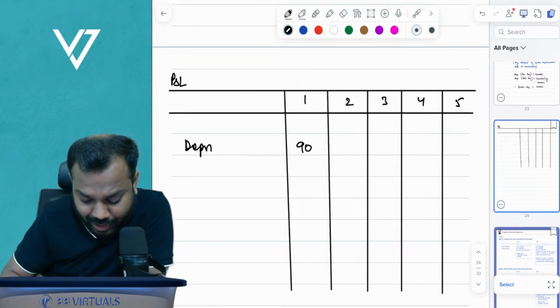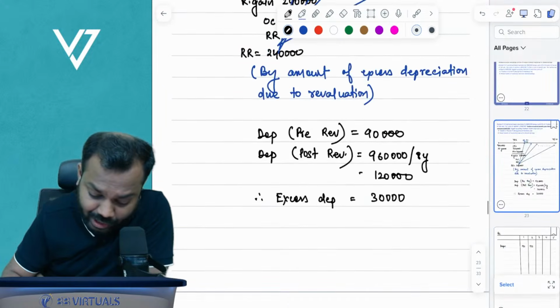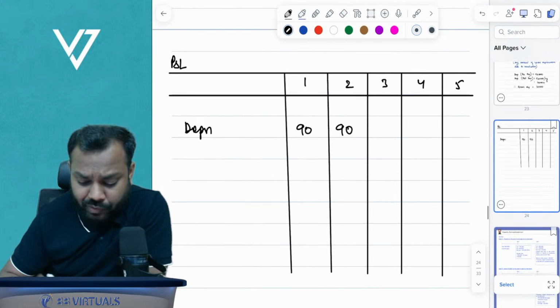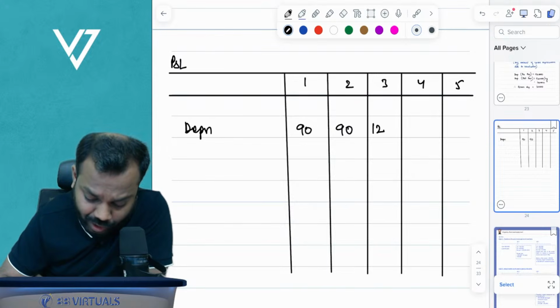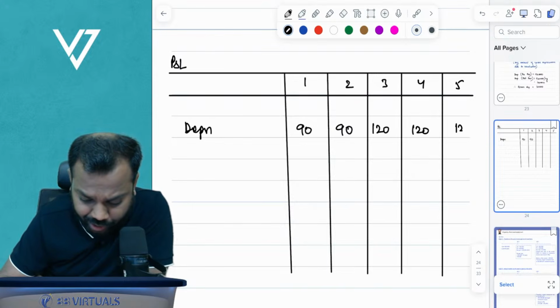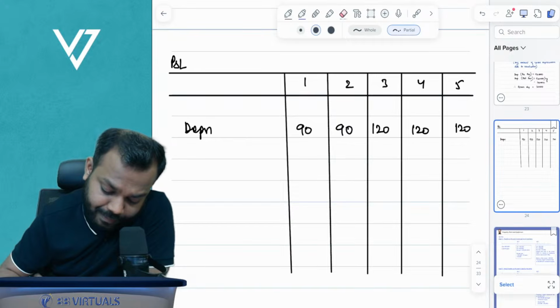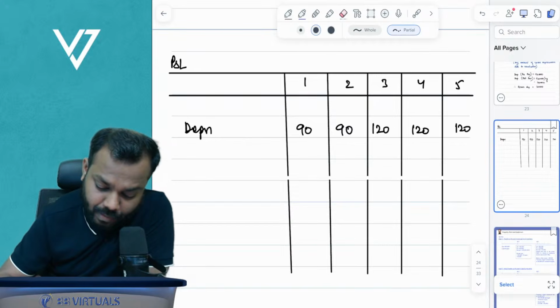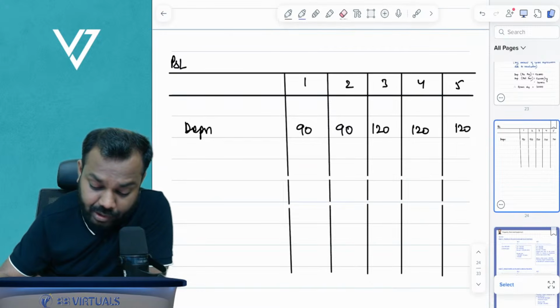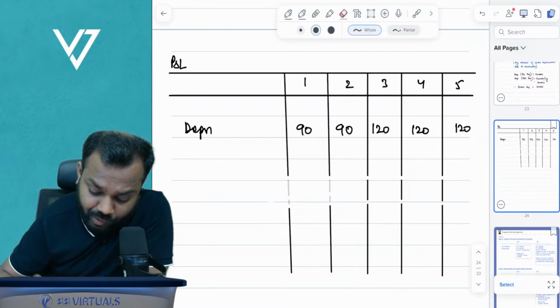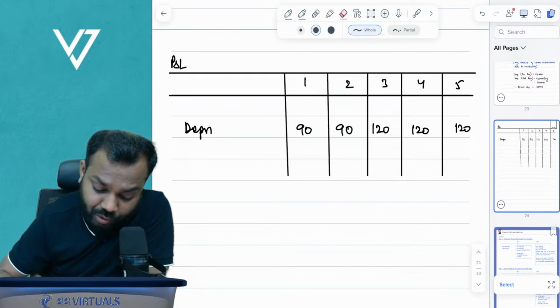Initially we used to record 90,000 for year 1 and year 2. From year 3 onwards, I will record 120, 120, 120. This is what will go to P and L. There is no change in that. The amount that was going to P and L will continue to go to P and L as it is.